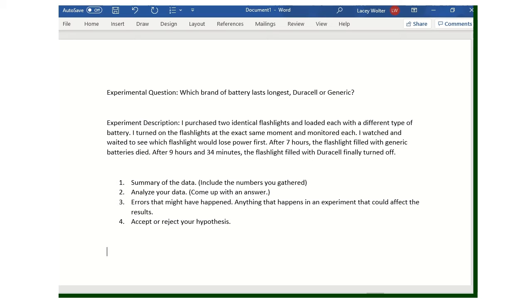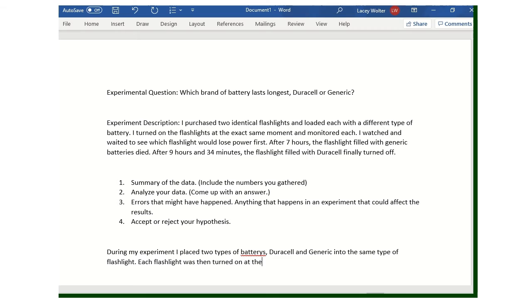So I might start with the summary of the data. I would say, during my experiment, I placed 2 types of batteries, Duracell and generic, into the same type of flashlight. Each flashlight was then turned on at the exact same moment.